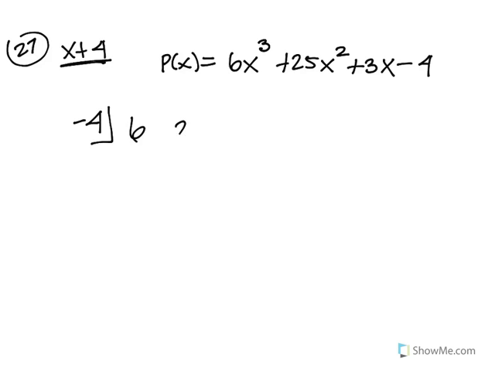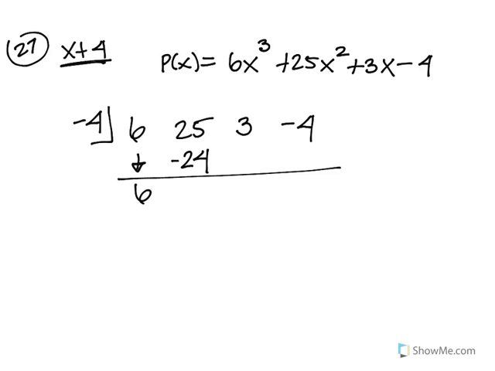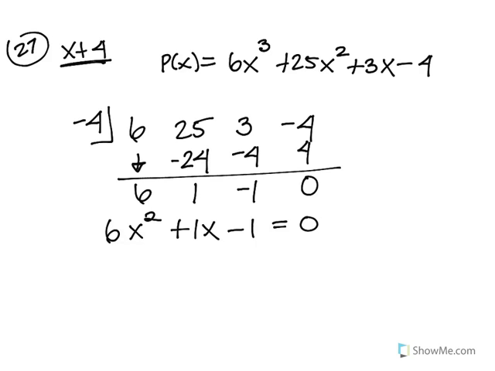So we got 6, 25, 3, and a negative 4. So that would give us a negative 24, which is 1. And that would give me negative 4, a negative 1, a positive 4, and 0. So that would bring us to 6x squared plus 1x minus 1 equals 0. So if you factored this, you would have 2x and 3x and 1 and 1, because I'm subtracting to get the 1 in the middle.